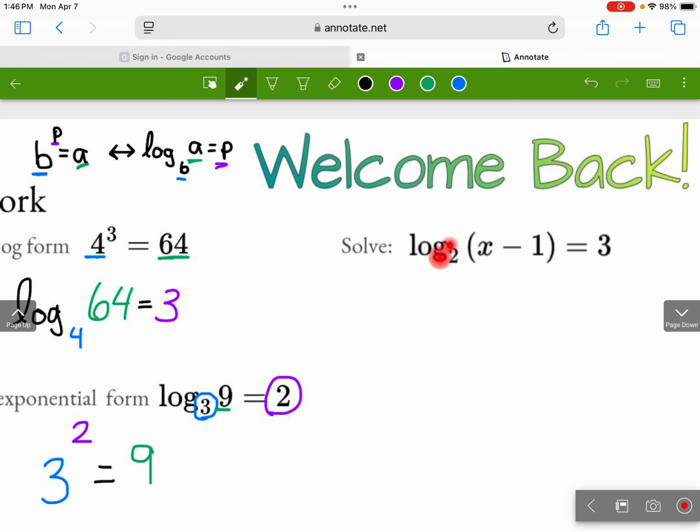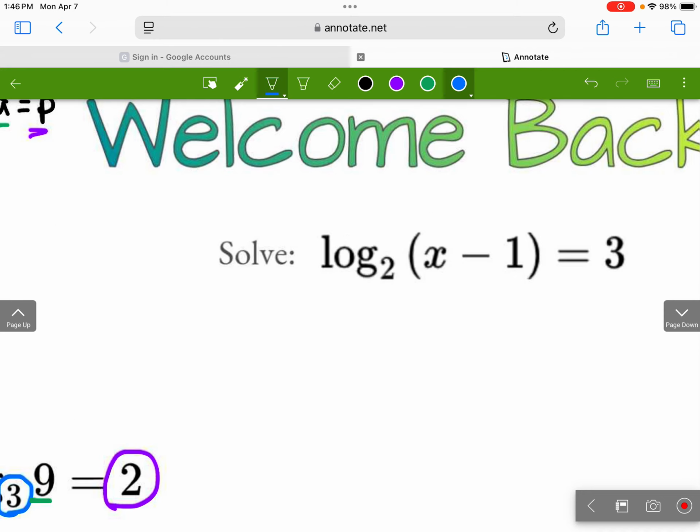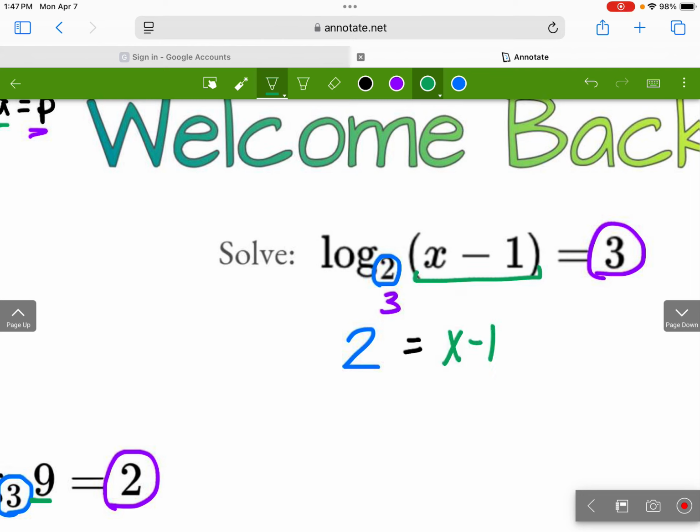Because we have a base, we have a power, we have an argument. So switch this into exponential form. Rewrite this as our base of 2 with our power of 3 that equals the argument, this guy, x minus 1. So switch it around.